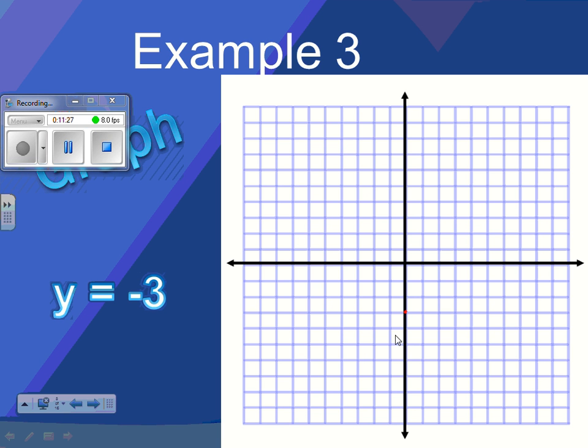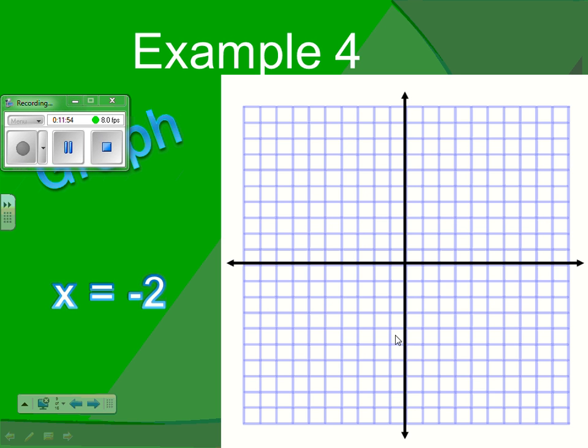When it says y, what direction do we think? We think up and down, but it is actually opposite from that. It's opposite from the axis. So this would be a horizontal line with a slope of 0. Very good. Any questions?